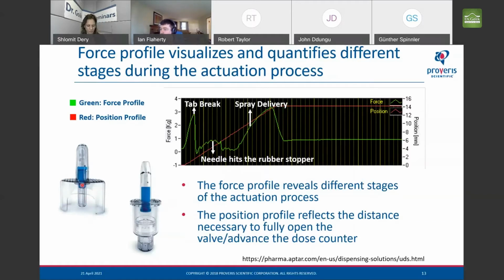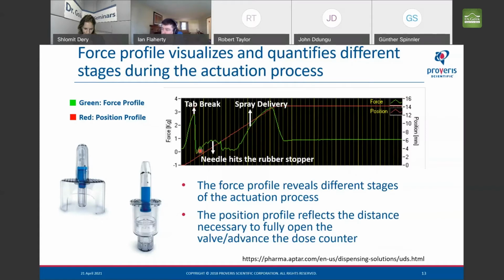And this particular device is made by a company called Aptar, and it's very popular, but you can see the actuation profile is fairly complex because there's a lot happening. This green trend line shows the force. So initially there's a tab that you need to break. So that requires a good force peak.